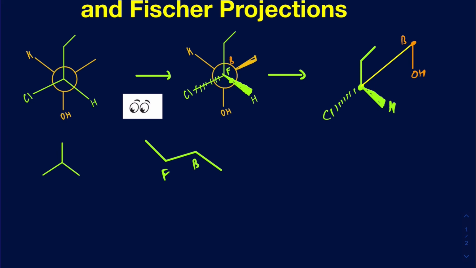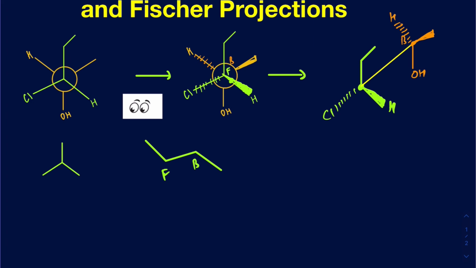And then the other thing I have here, obviously, is this methyl group that's going to be pointed to the right side, and it's also coming out of the page. So I want to make sure I draw that exactly how it looks, pointing to the right side, coming out of the page. And I have this hydrogen that's actually going to the left side, and that would be going back in the page. So this should be going back in the page like this.